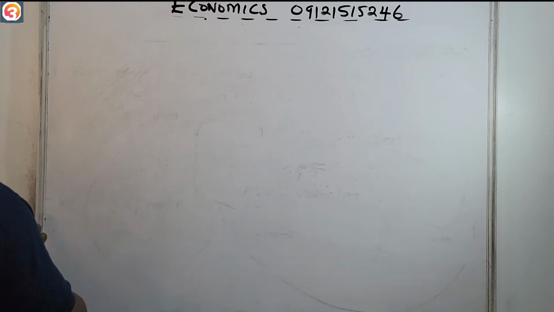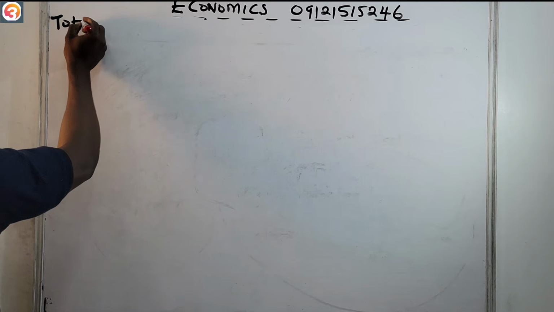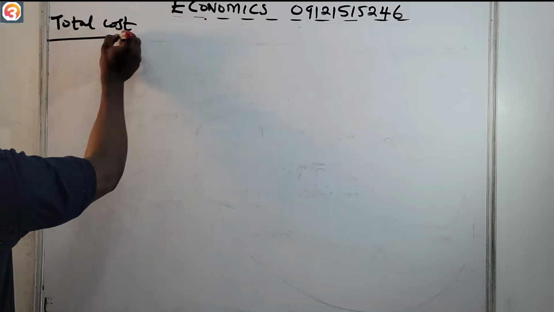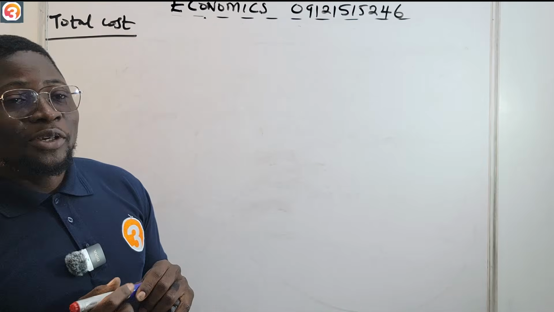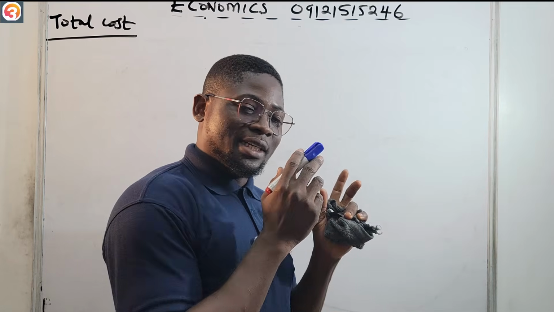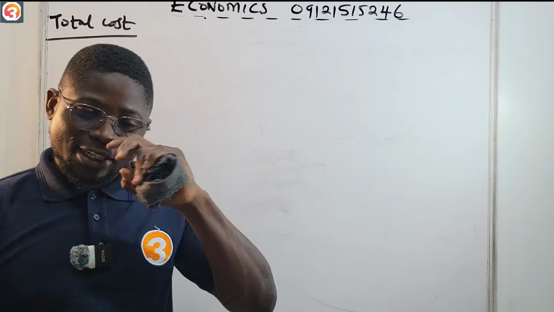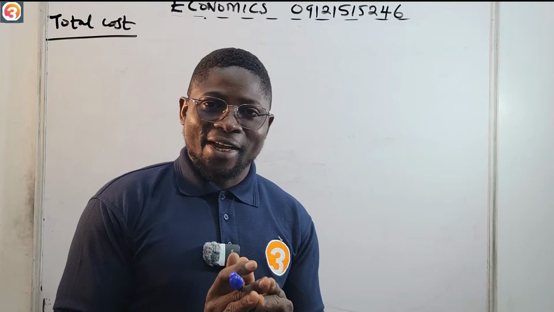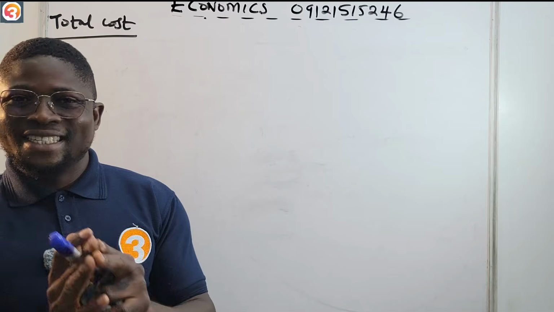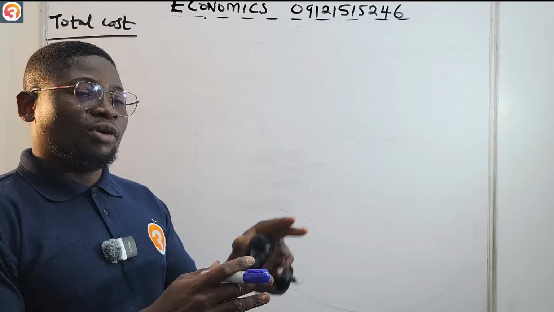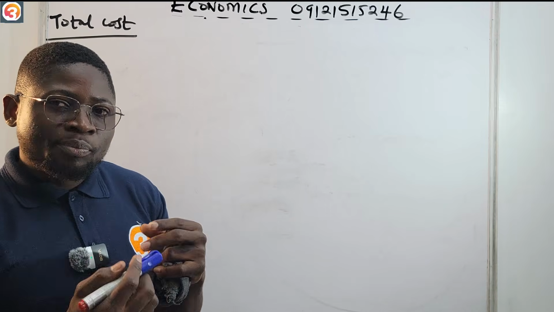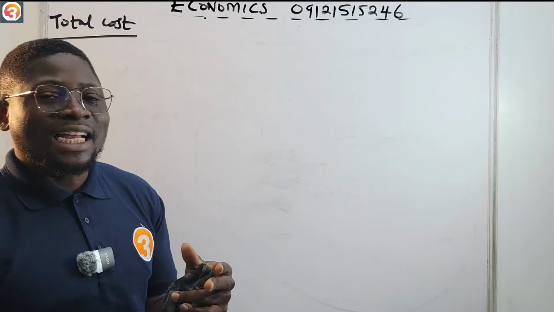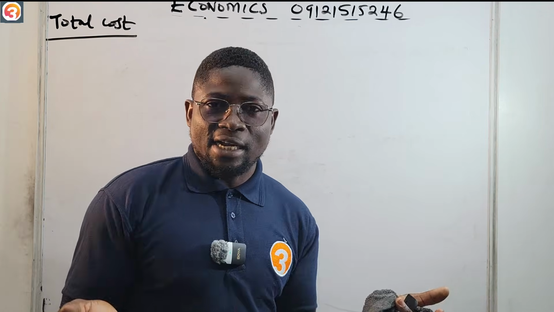All right. So let's look at total cost. What is total cost? Total cost is the sum of both the total fixed cost and the total variable cost. That is called total cost. TC is the sum of the total fixed cost and the total variable cost. So when the output of a firm rises, that means that the total cost will also rise alongside with it.